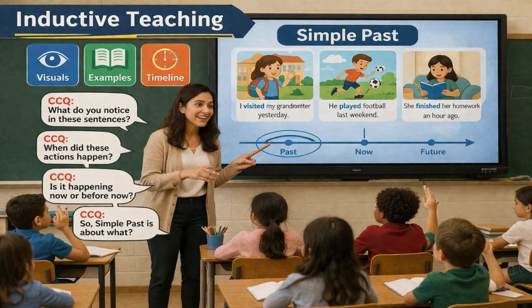This process is called contextualization, where students understand the rule through context, not memorization. This is the correct practice. We don't just explain the rule. We guide students to discover it. And this is how students truly understand and master the target skill.